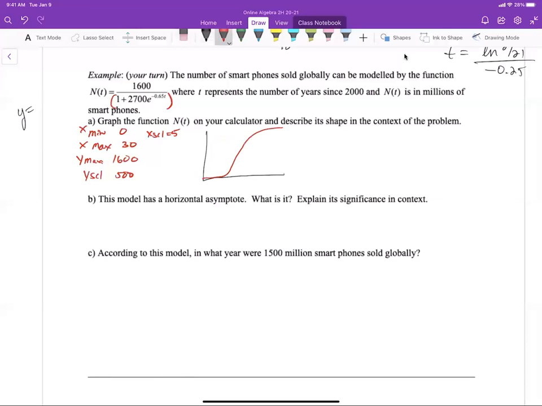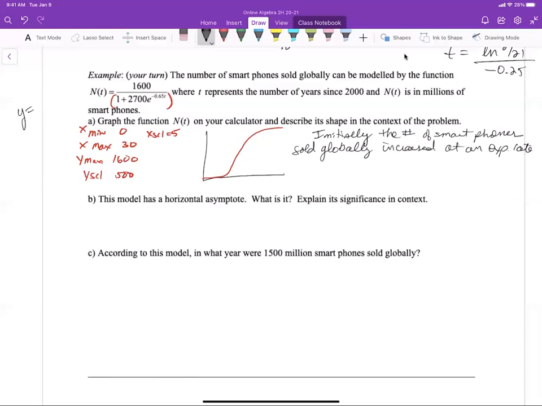Okay. All right. So now we've graphed it, and we want to describe its shape in context of the problem. So what do we know? We know initially the number of smartphones sold globally increased at an exponential rate.